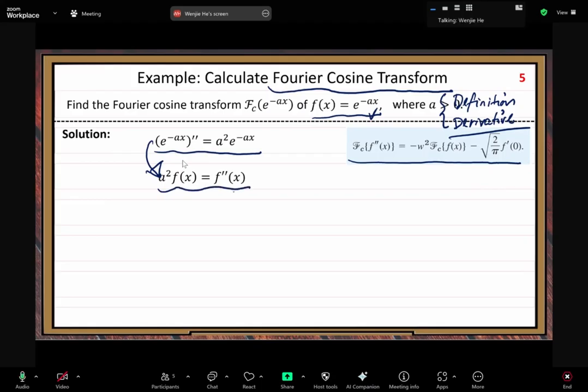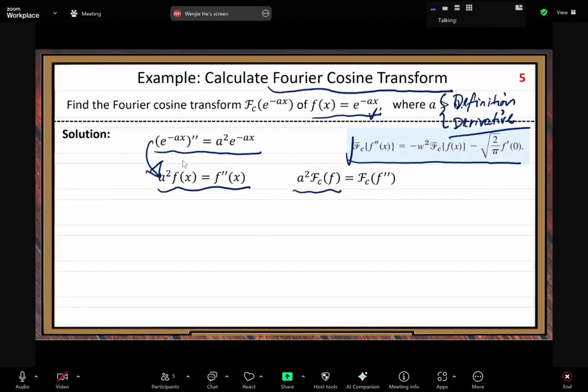Then, can we apply Fourier cosine transform to both sides? On the left-hand side, we can use the linearity property, right? When we apply the Fourier cosine transform on the right-hand side, we have this formula. So the left-hand side, by linearity property, we take that a squared out.